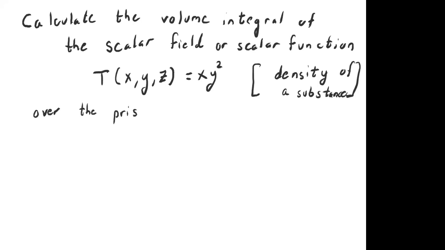So this really is a volume integral. So what does my prism look like? And again, I'm going to do this problem in 3-dimensional Cartesian coordinates. So let me carefully sketch in this prism.